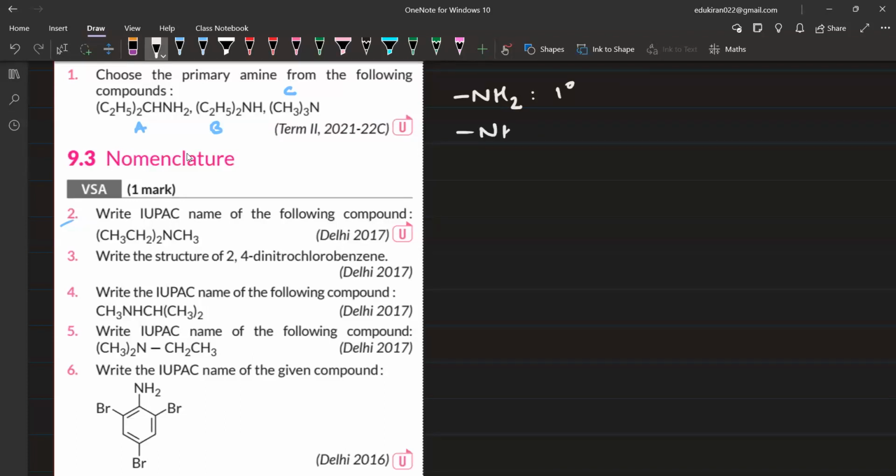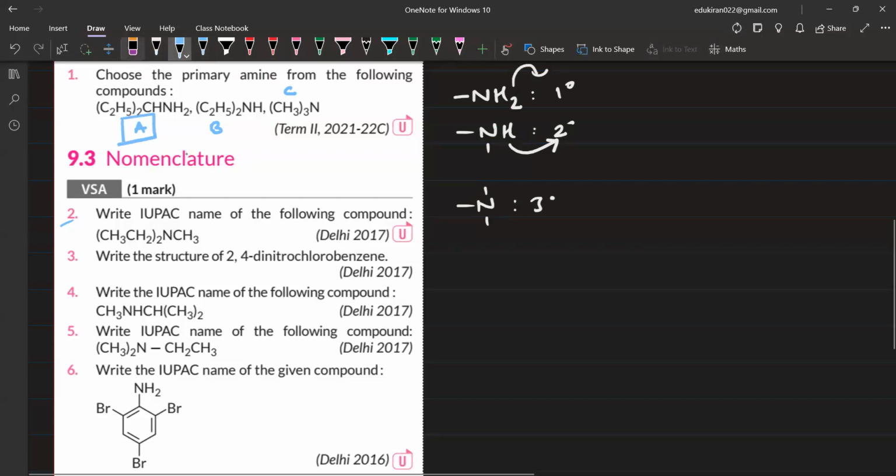If you have NH, that means it is 2 degree. And when you have no hydrogens, only alkyl groups, it is 3 degree. So 2 hydrogens means 1 degree, 1 hydrogen means 2 degree, 0 hydrogen means 3 degree. And here we have NH2 in the A case. So A is your primary amine.